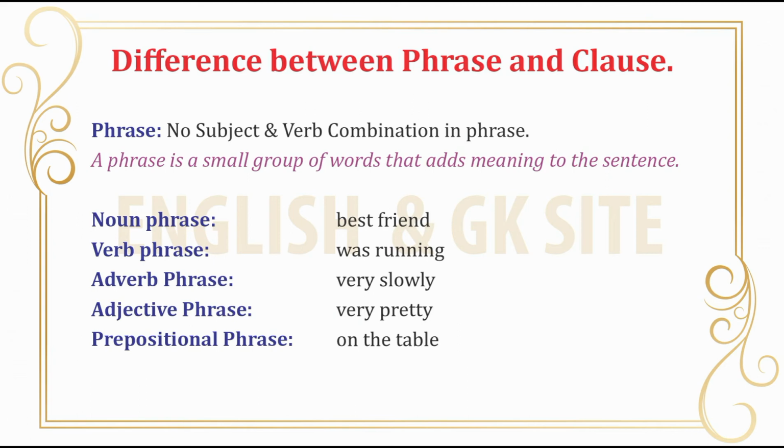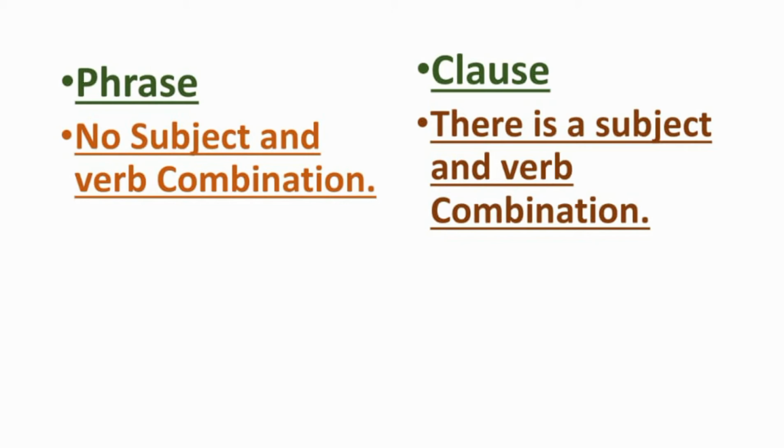There are 5 different kinds of phrases based on parts of speech: noun phrase, verb phrase, adverb phrase, adjective phrase, and prepositional phrase. Now we understand that a phrase is void of subject and verb combination, whereas a clause includes a subject and verb combination.